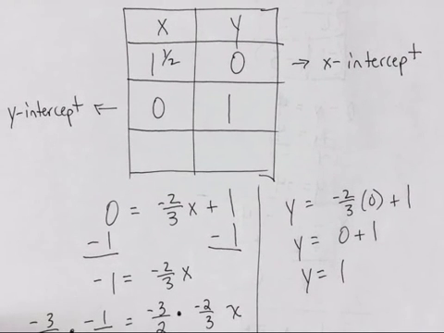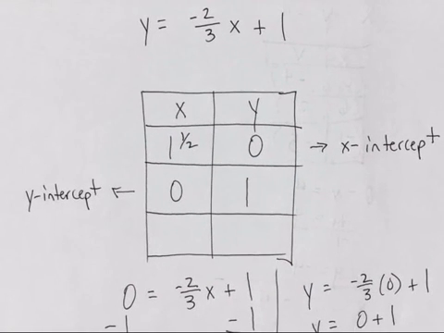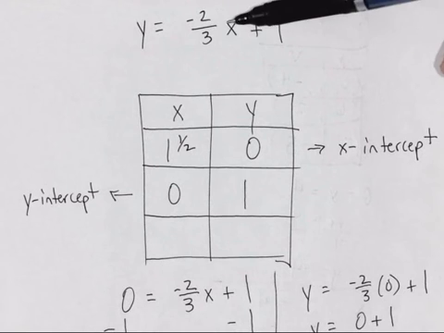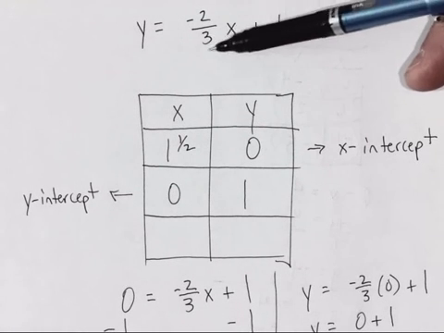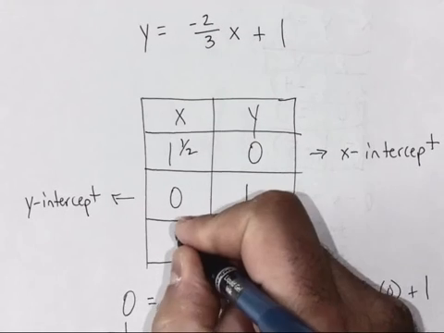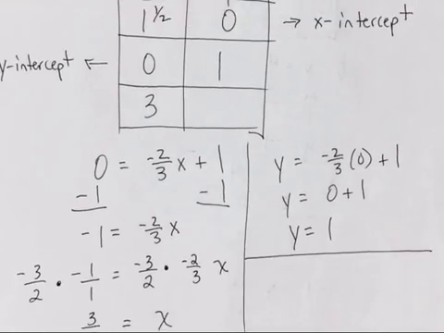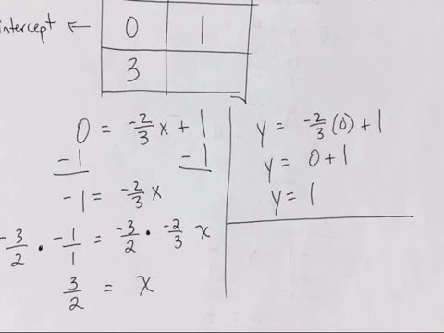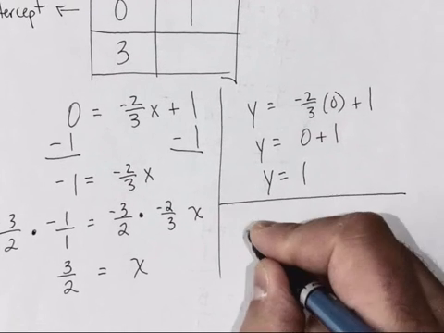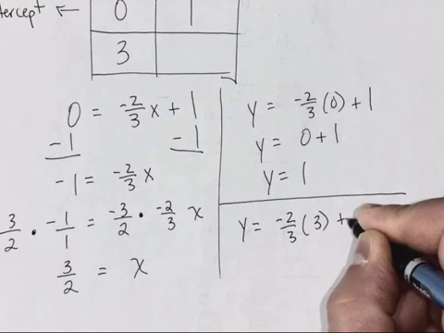Okay. And then let's do a test point. Just to get that third point in there. Remember, if I'm dealing with fractions here, I want to multiply by that denominator or multiples of that denominator. So let's use 3. Okay. So if I plug 3 in for x, y equals negative 2/3 times 3.